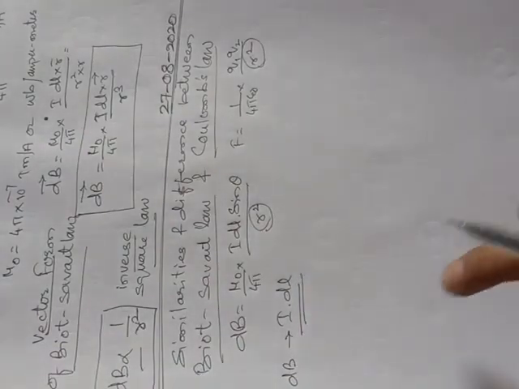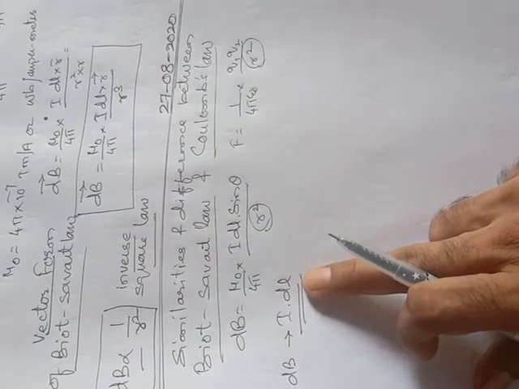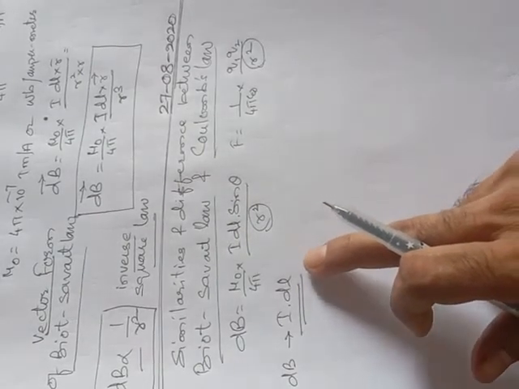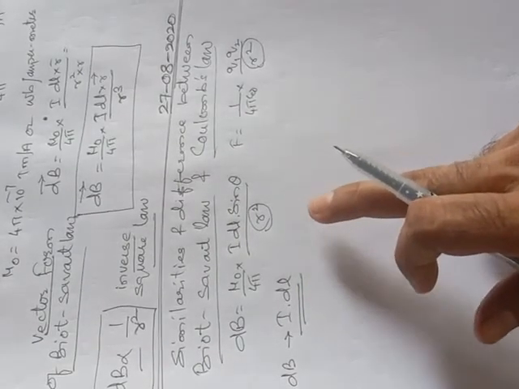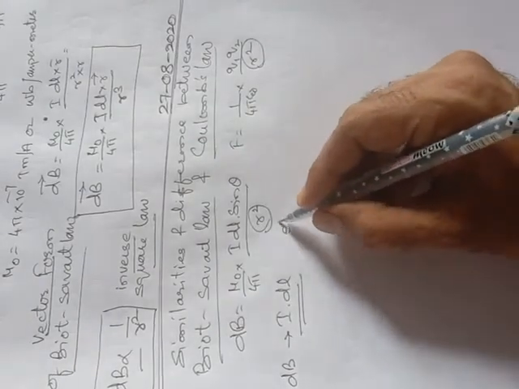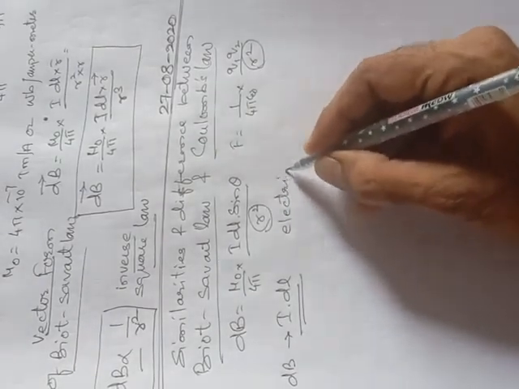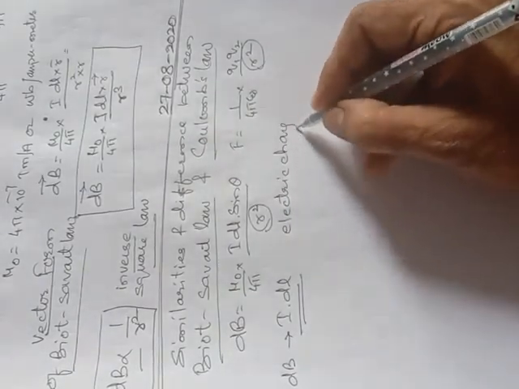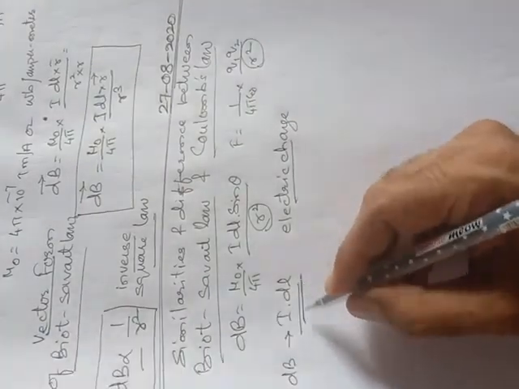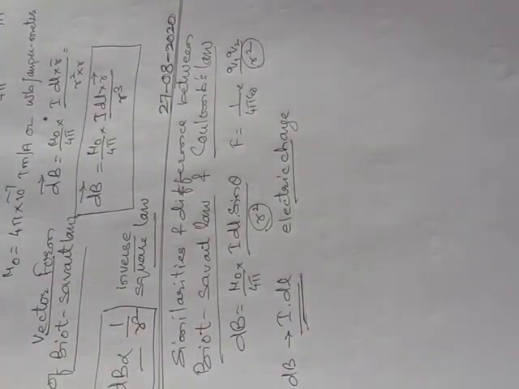And in electrostatics, the linear source is given by the electric charge. Electric field and magnetic field both have a linear source, and both obey the superposition principle.